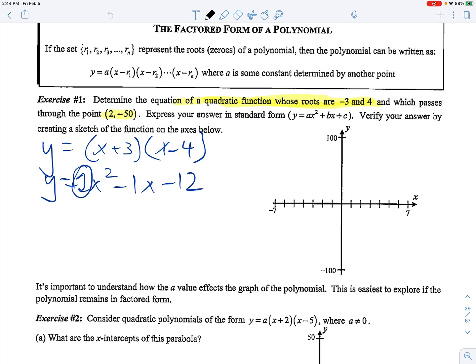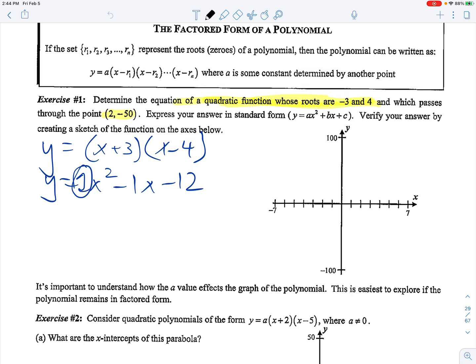And I was talking about going backwards here for today's lesson. Given a graph, writing the equation. And I gave you this Algebra 1 type here, under the assumption that the leading coefficient was 1.